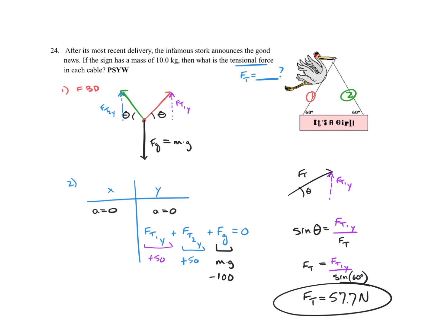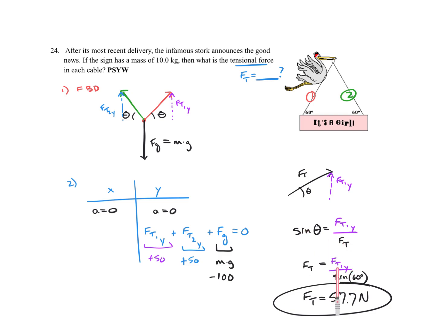So if you know that this is 50 from this analysis, then you know the angle, which was given. The sine is the trig function that relates this angle to this side and this side. So the sine of 60 degrees is the y component divided by the force of tension. Now we got to get Ft all by itself, so this multiplies over here, divided by sine of theta.